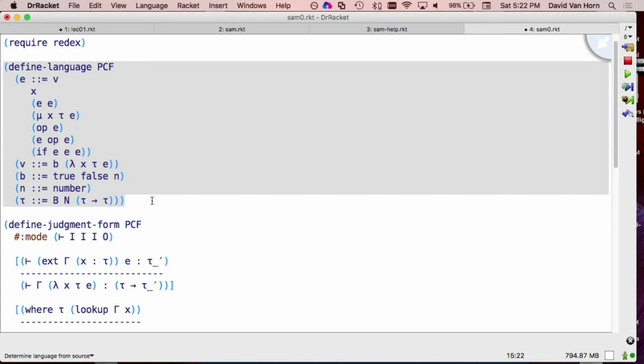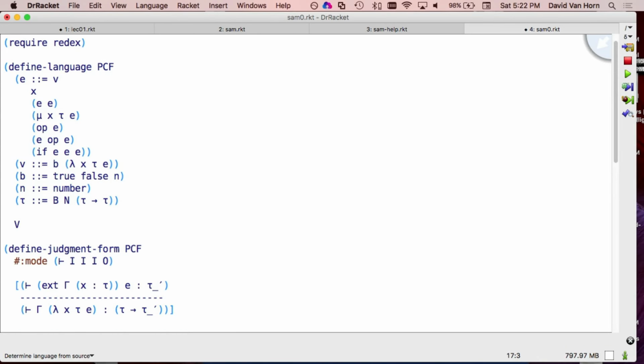He just writes down this metavariable x but doesn't actually say what it is, because it's assumed that you know what variables look like and what they could possibly be called. And gamma is also not defined because we assume you know that. But of course, Redex doesn't know anything about that, so we need to define that.